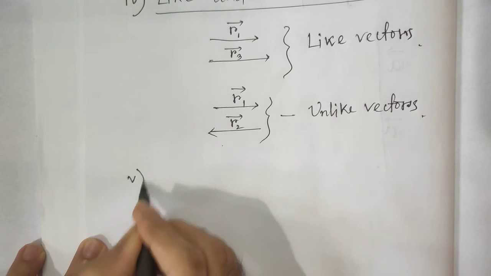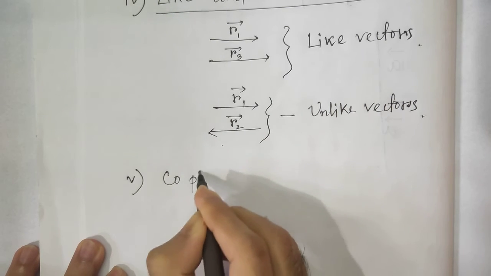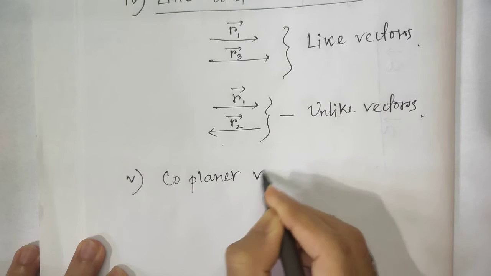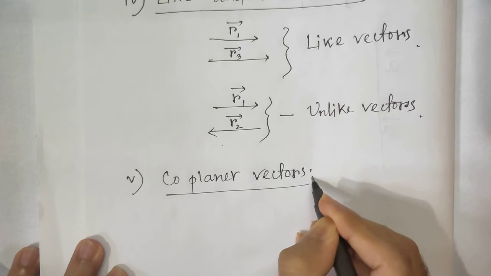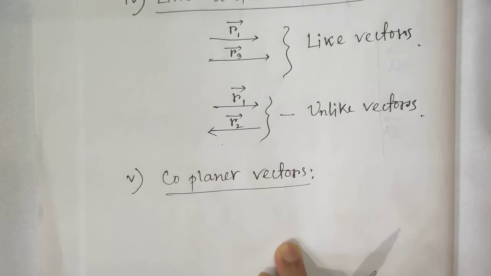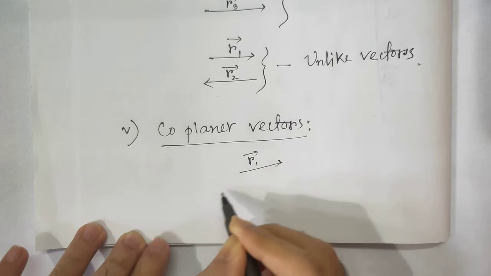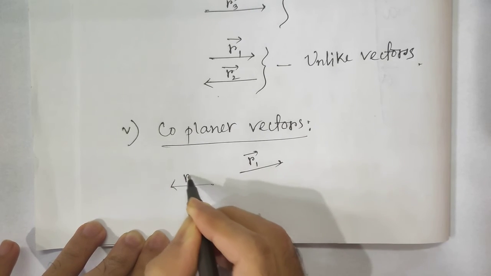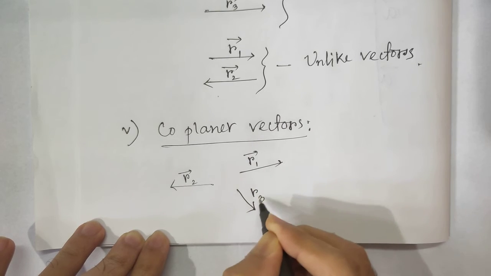number 5, which is coplanar vectors. What are coplanar vectors? Suppose I draw, this is r1, this is r2, this is r3.